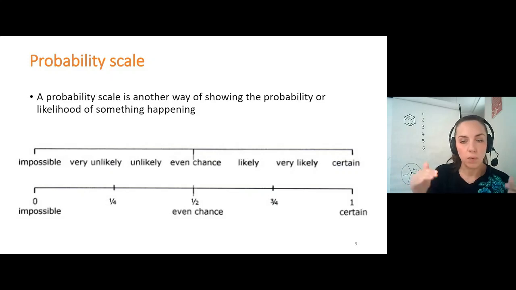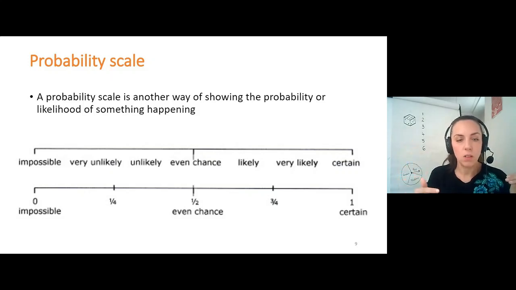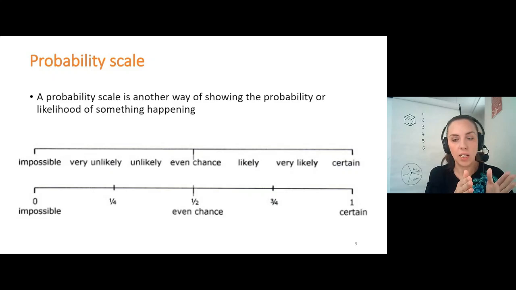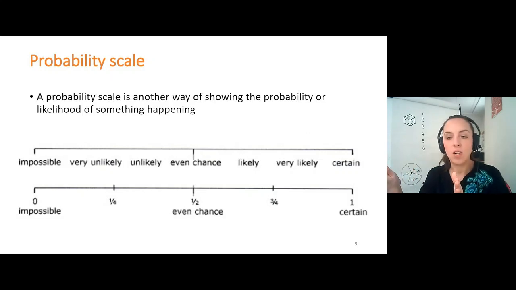So you can see that the one above shows in words, which is what we've already covered, where that place would sit on a probability scale. So if you look at impossible, on the left, we've got very unlikely, unlikely, an even chance, so about 50-50 is right in the middle, likely, very likely, and certain.